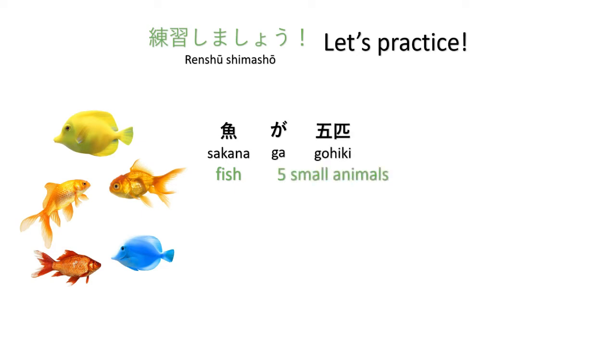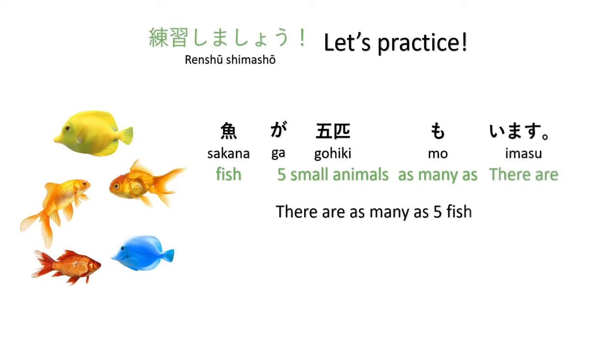So go hiki, 5 small animals. Go hiki, mo, as many as. So we say there are many. Sakana ga go hiki mo imasu. So we use imasu because fish are living things. There are as many as 5 fish.